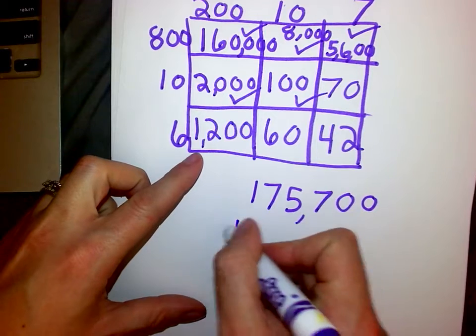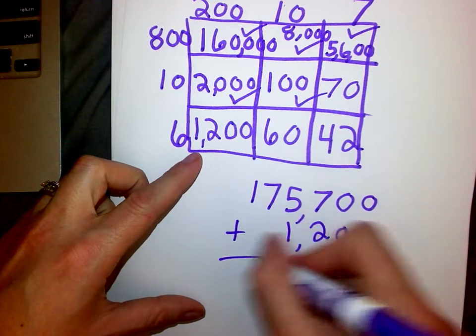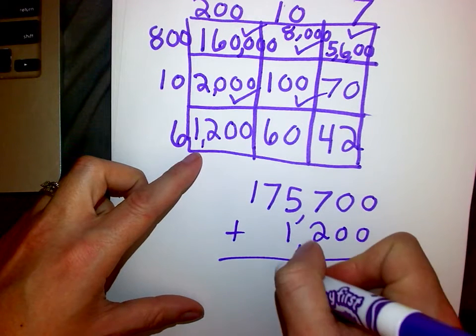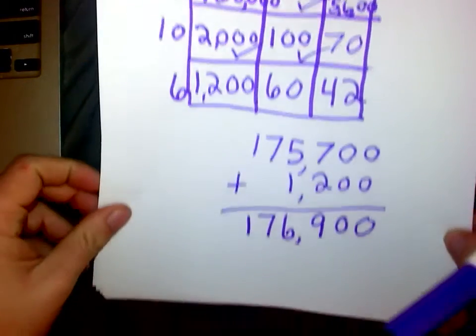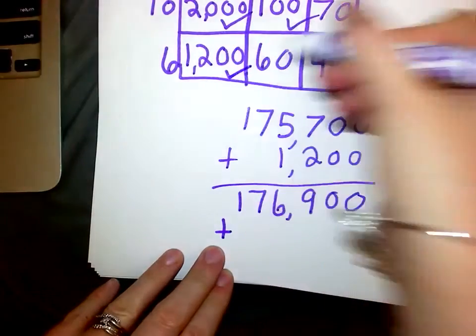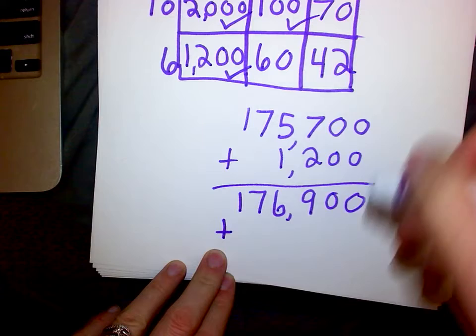So now we have plus 1,200. Plus, I'm going to check off that I use that. Let's do plus 70.